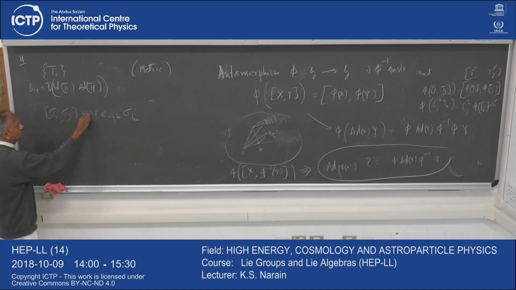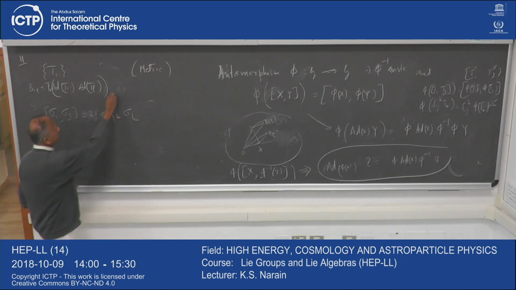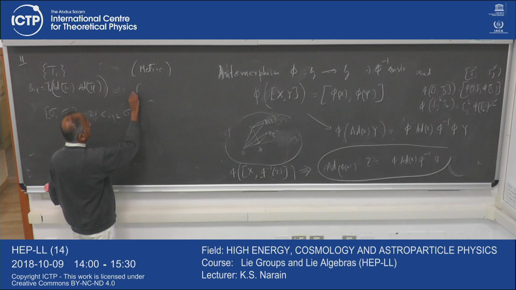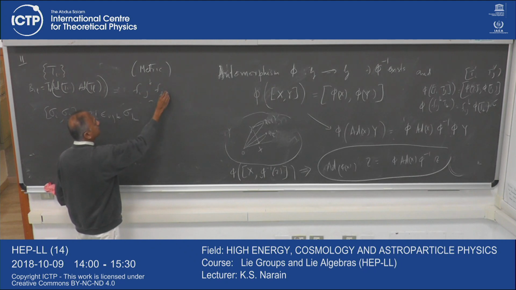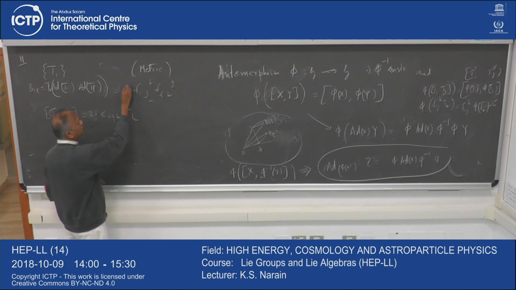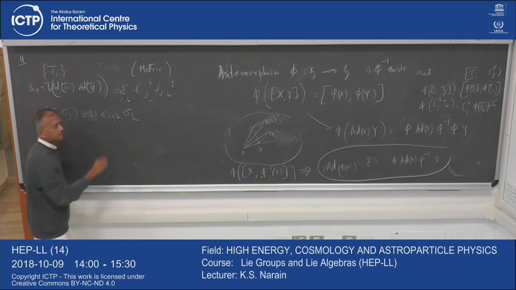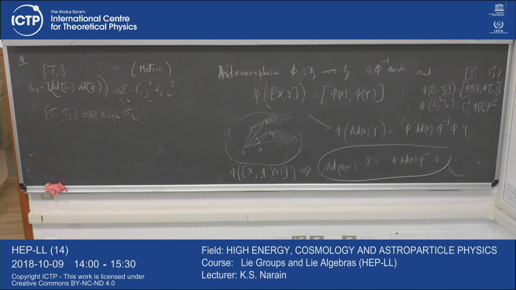Maybe there's a factor of 2, yes. Remember, we had an explicit formula, B_il as a sum of f_ijk f_lkj, summed over j and k. So you can use this formula. Structure constants are given here. Maybe I can get rid of this 2.